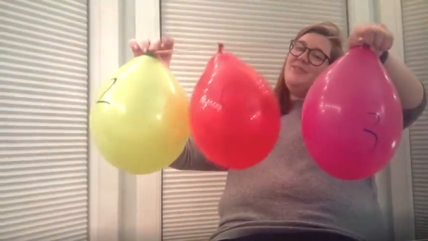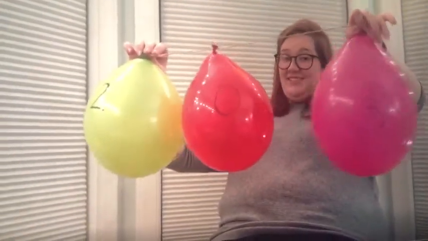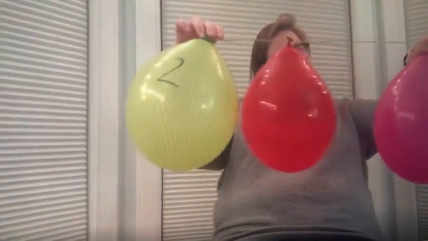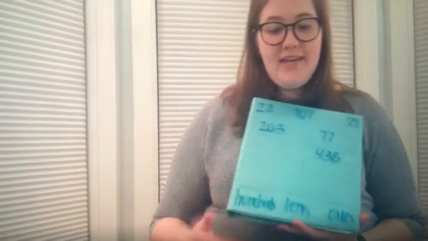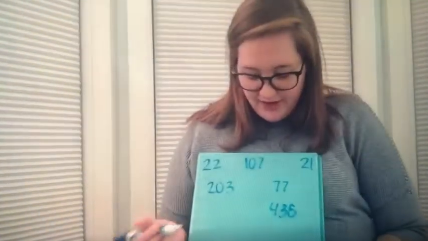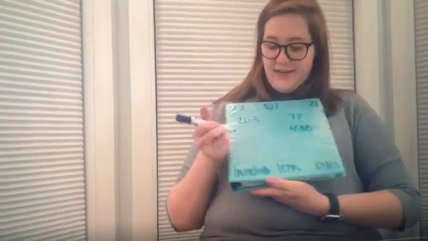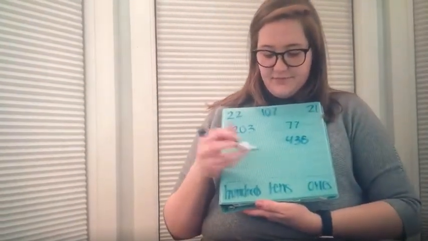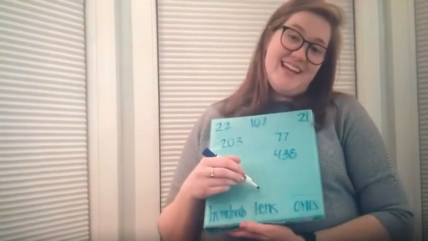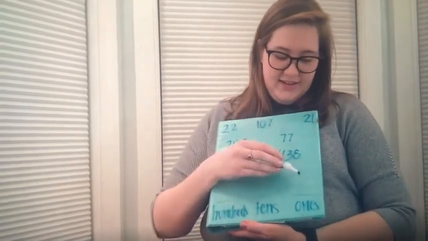Just 1, 2, 3 of those ones, making 203. Okay. So again, if we were to take 435, it would be 4 here, then 3 tens here, and then 5 ones.